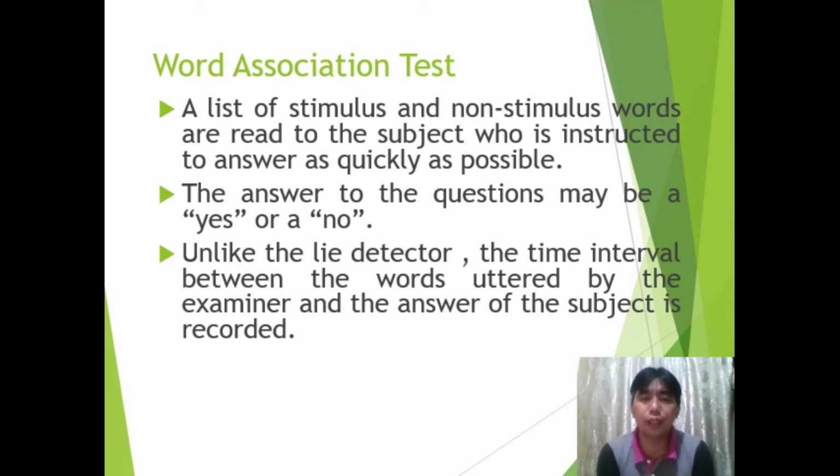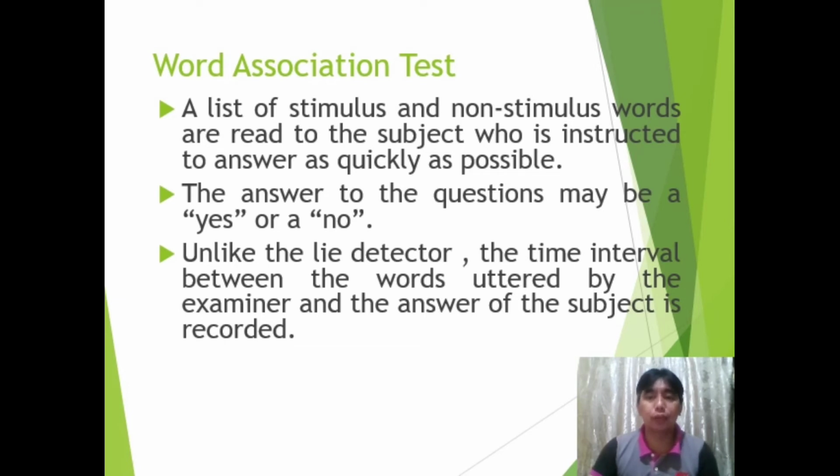So unlike the lie detector, the time interval between the words uttered by the examiner and the answer the subject is recorded, because in the word association test it's not actually relevant if the answer is yes or no. What is being recorded and observed here is the span of time in answering.